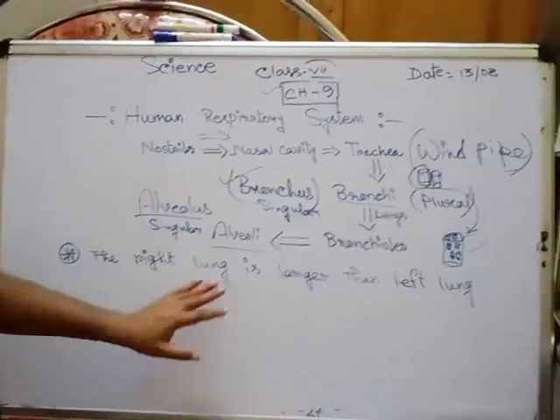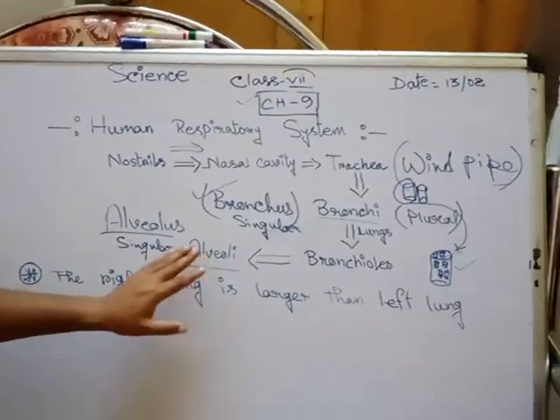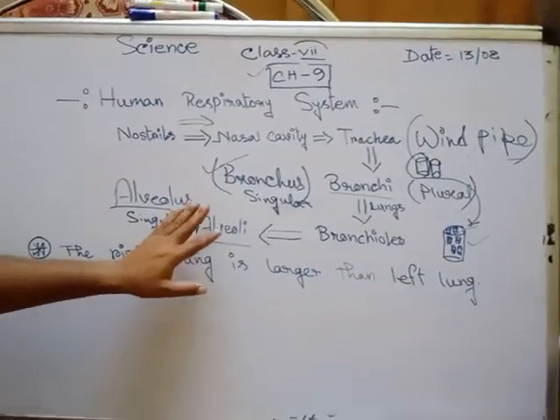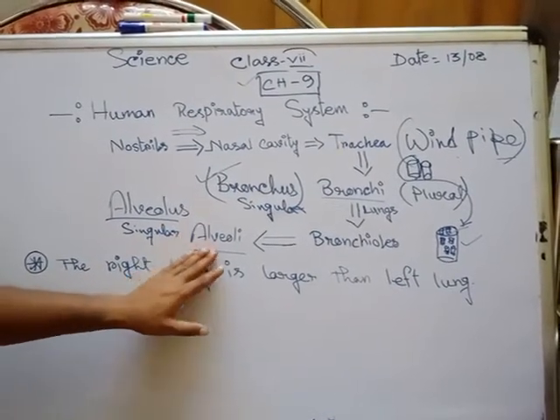The walls of the alveoli have a large number of thin blood capillaries, through which the exchange of gases takes place.